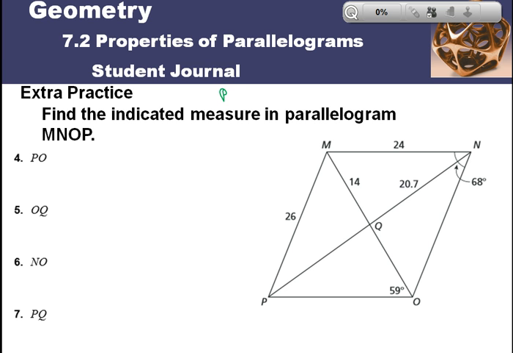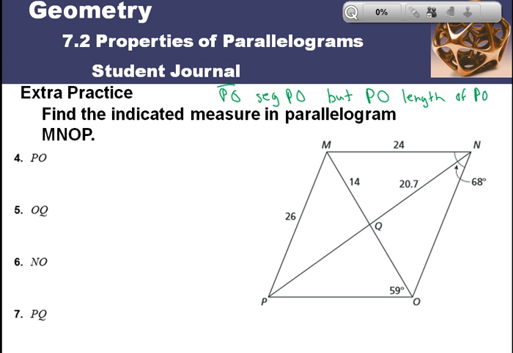So remember, PO with a line over it means segment PO. But PO with nothing over the top of it means the length of PO, or the distance from P to O.